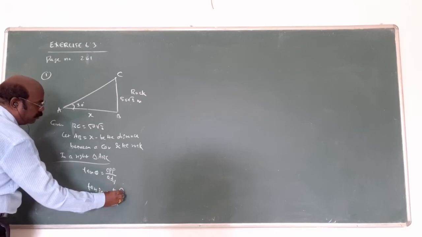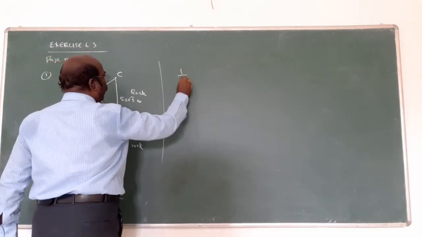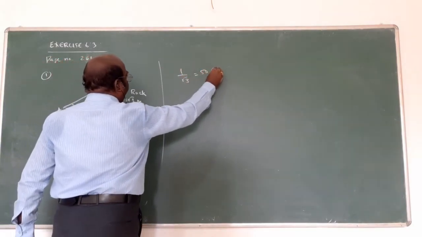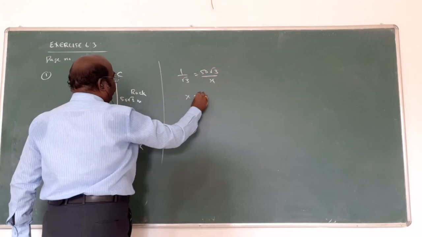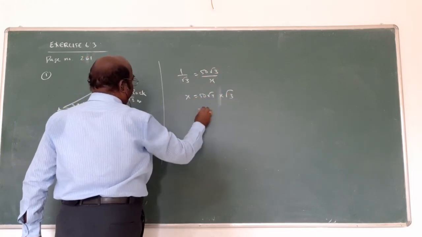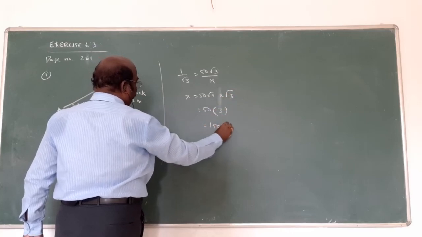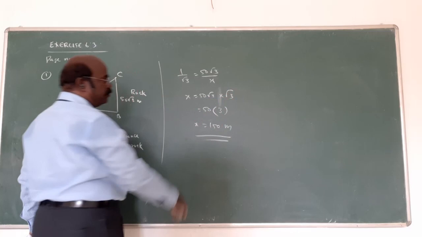Am I right? Now tan 30 is 1 by root 3, equal to 50 root 3 by x. We want x. 50 root 3 is there, into root 3. 50 root 3 times root 3 over 3. 150 meter is the answer.